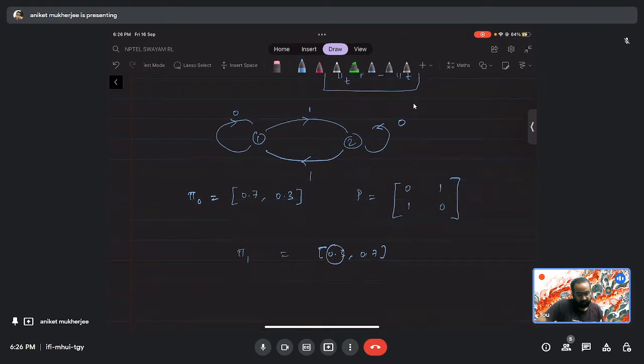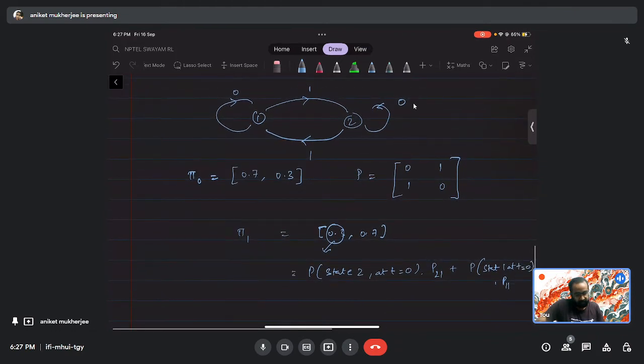So pi 1, this first term, how did I calculate it? It's the probability that you are at state 2 at time t equal to 0 into the probability of going from 2 to 1, plus the probability that you are at state 1 at time equal to 0 into the probability 1 to 1.